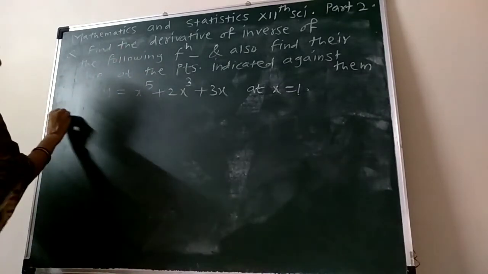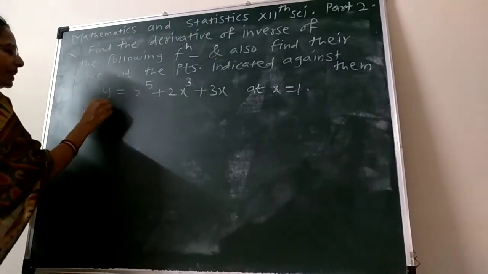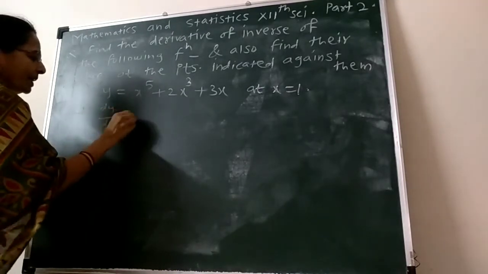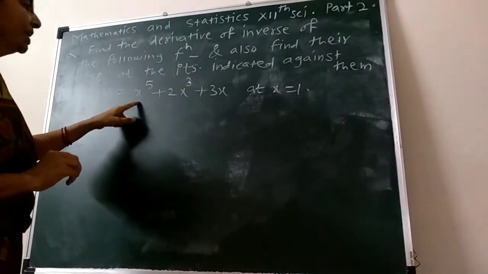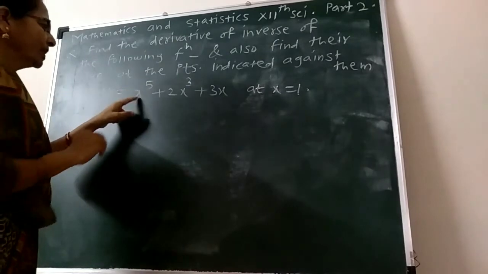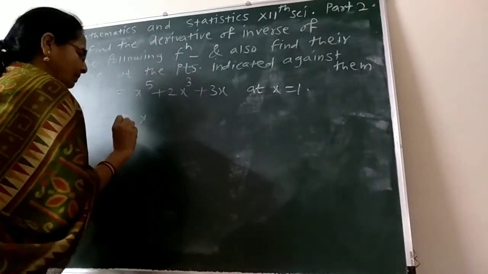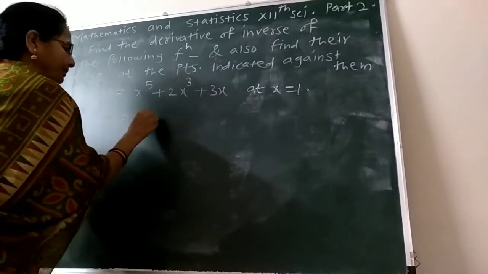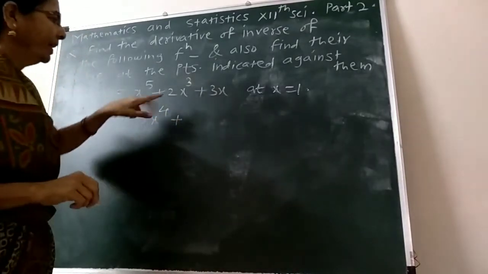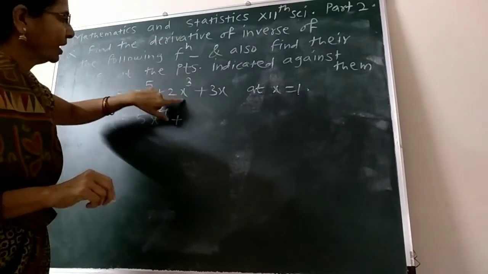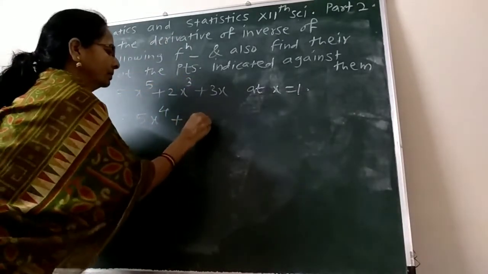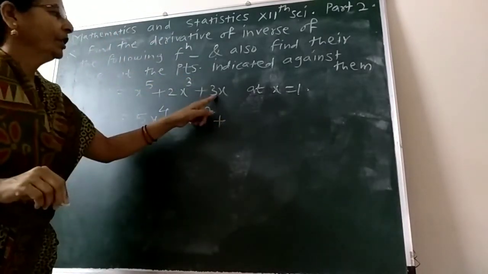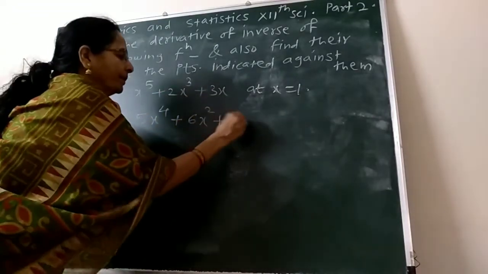To solve this question, y is given, take the derivative. dy by dx is equal to the derivative of this, which is 5x raised to 4, plus the derivative of this term, 6x raised to 2, plus the derivative of 3x, which is 3.